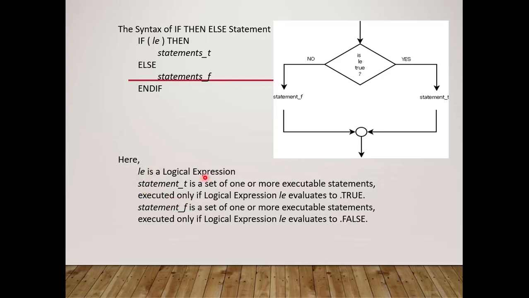Here LE is the logical expression. Statements_T is a set of one or more executable statements that will be executed only if the logical expression evaluates to true, while statements_F is also a set of one or more executable statements, and that would be executed only if the logical expression LE evaluates to false.